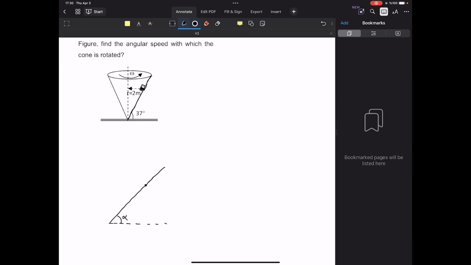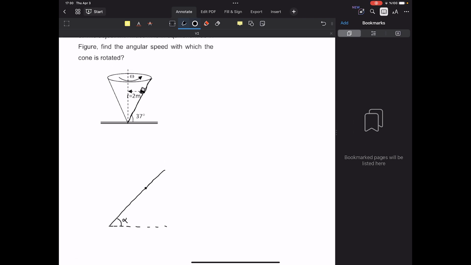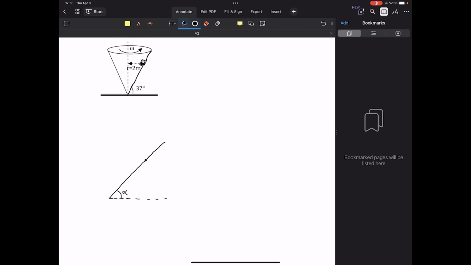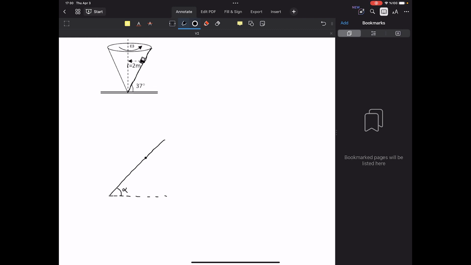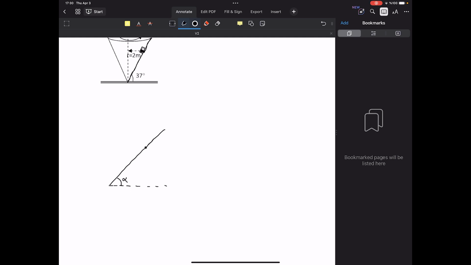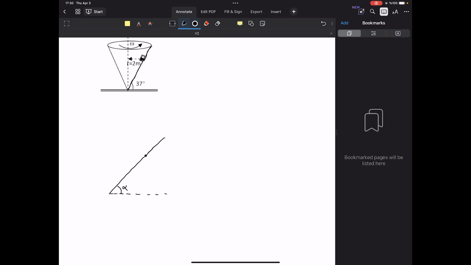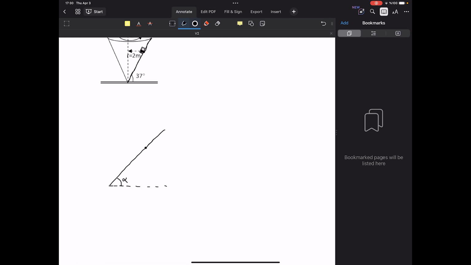In questions like these, what we need to do is draw all the forces acting on the object, and then find the components of those forces that are in the direction of the centripetal force, add them up, and equate them to the centripetal force. At this point, we have two forces, gravity and the normal force, like this.